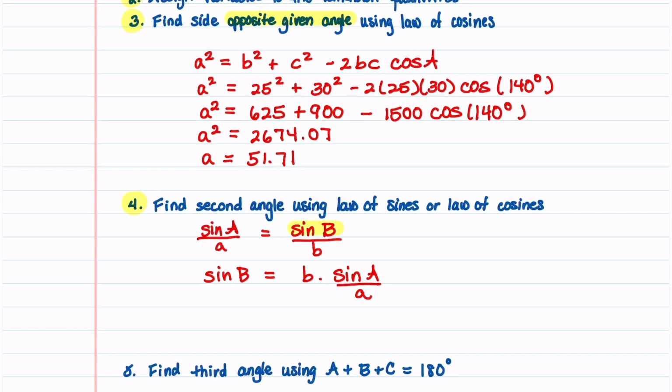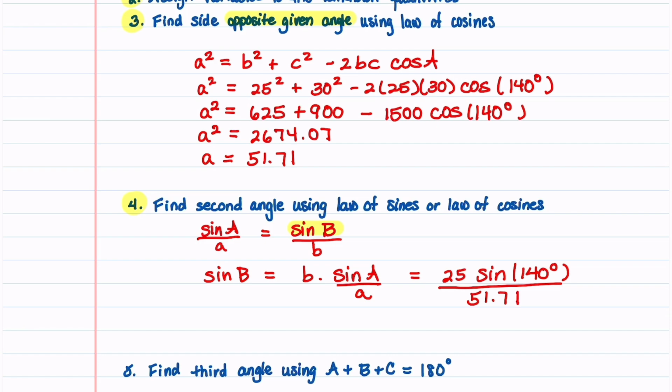Let's now plug in values for these variables. b is equal to 25, and then we have sine of A, which is 140 degrees, divided by little a, which we just found in step 3, and that is equal to 51.71.